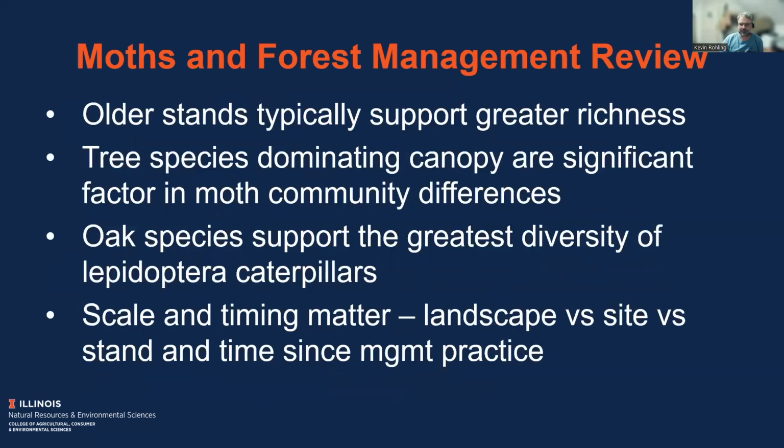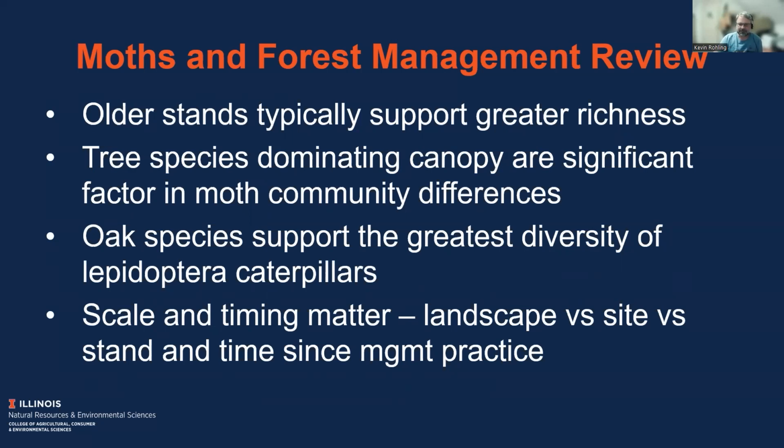So in general, older stands support greater species richness in moths, is what we know from the literature. But the tree species that dominate the canopy are also a significant factor in moth community differences. We also know that oak species support the greatest diversity of Lepidoptera caterpillars, both butterflies and moths.